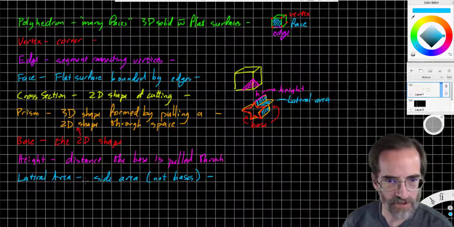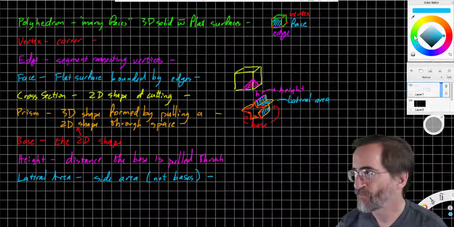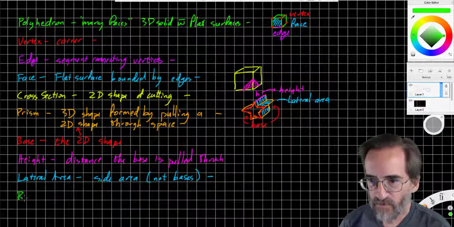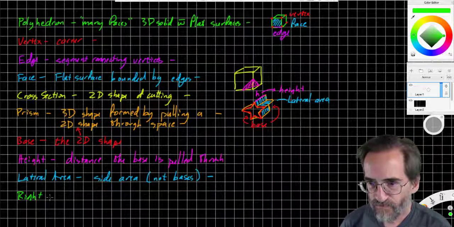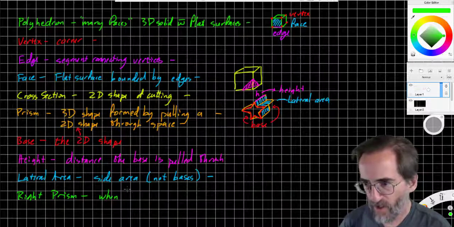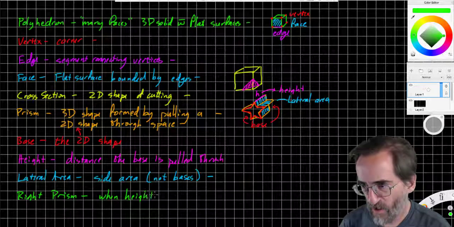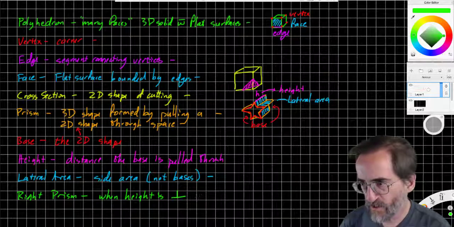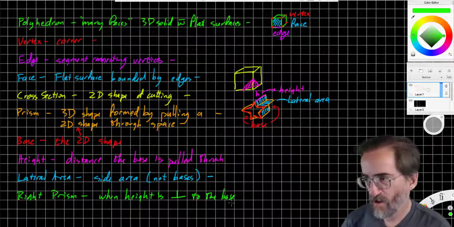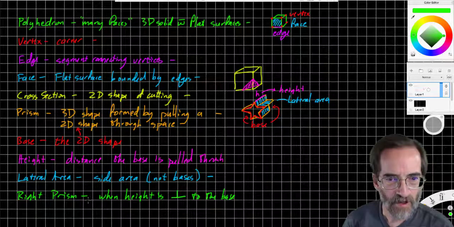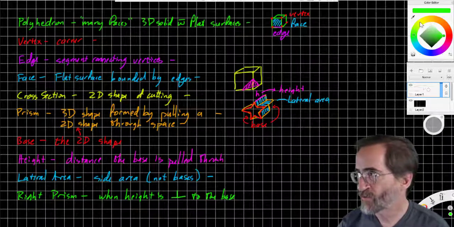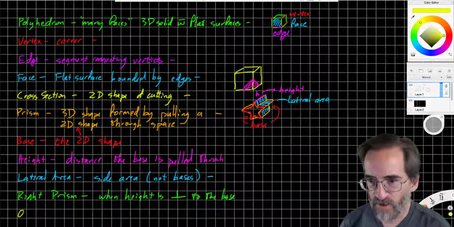Okay, we've got prism. Oh, we need right prism. That's when the height is perpendicular to the base. Okay? As opposed to, and it's almost easier to understand if you look at what's not a right prism, which is an oblique prism.